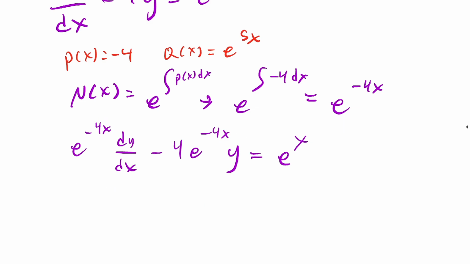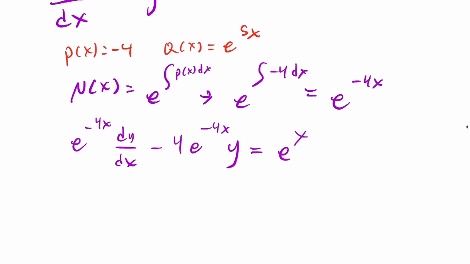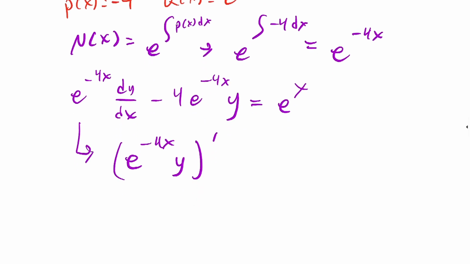Well, as I said earlier, we're going to be thinking about the product rule, and this quite literally is the product rule. Notice how this is the same thing as e to the negative 4x times y, and it's the derivative of this. So it's the derivative of e to the negative 4x times y, right?